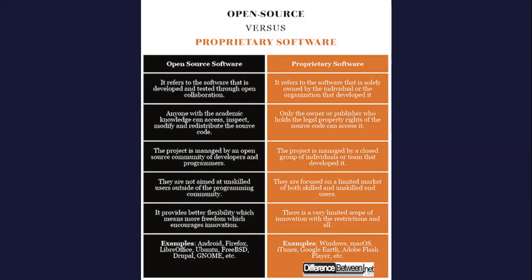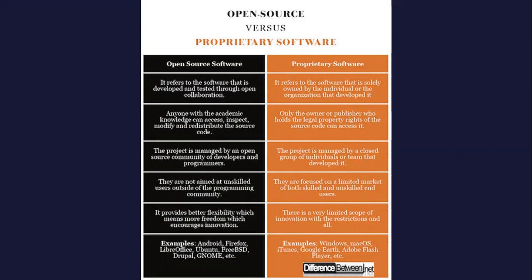Proprietary software is the software that is solely owned by the individual or organization that developed it. Only the owner or the publisher who holds the legal property rights of the source code can access it. The project is managed by a closed group of individuals or teams that developed it.